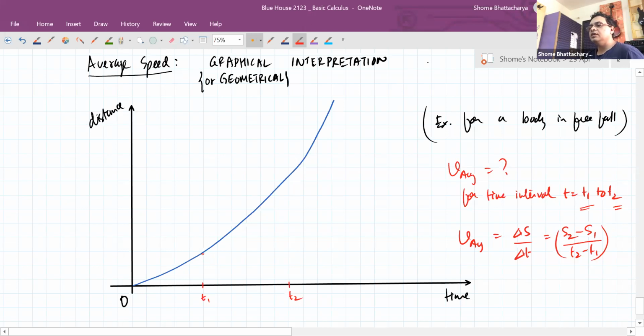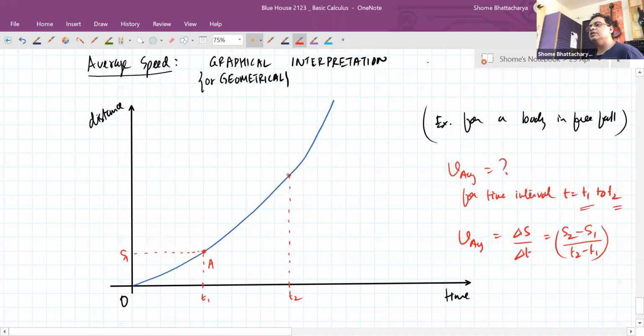Now let's see geometrically what that is. So if this is the time t1, then correspondingly this is the distance s1. So on the graph, this point here, let's say this point A, it represents a distance coordinate of s1 for a time coordinate of t1. And similarly, if t2 is this time, then just draw this vertical line.